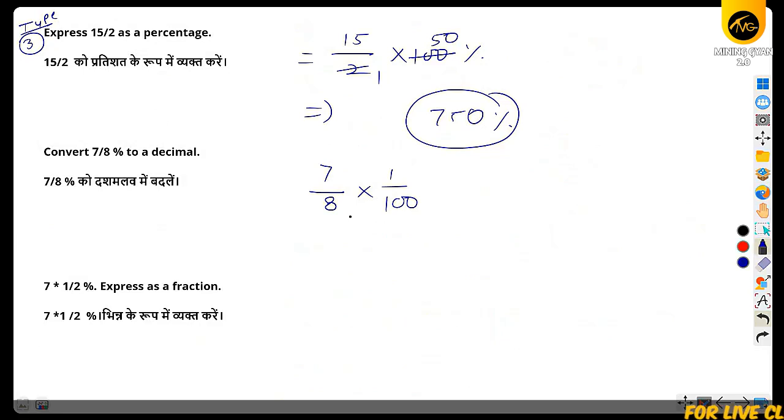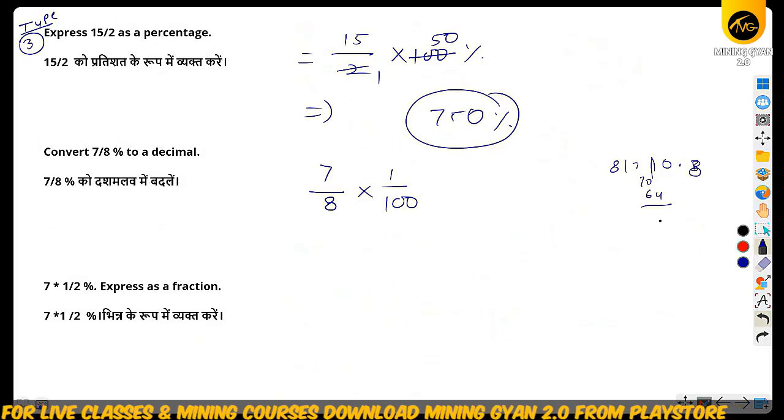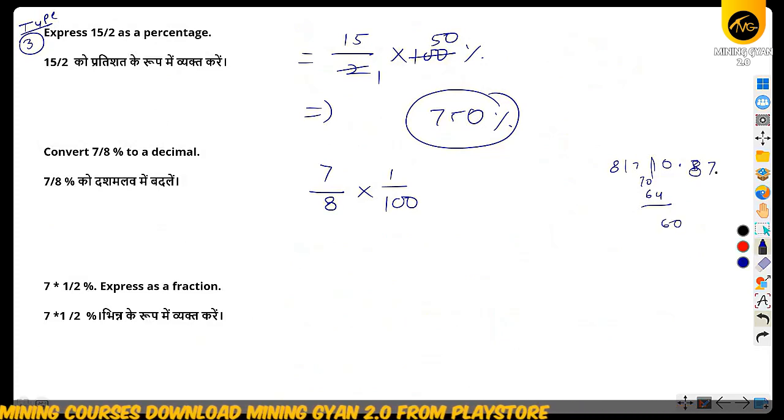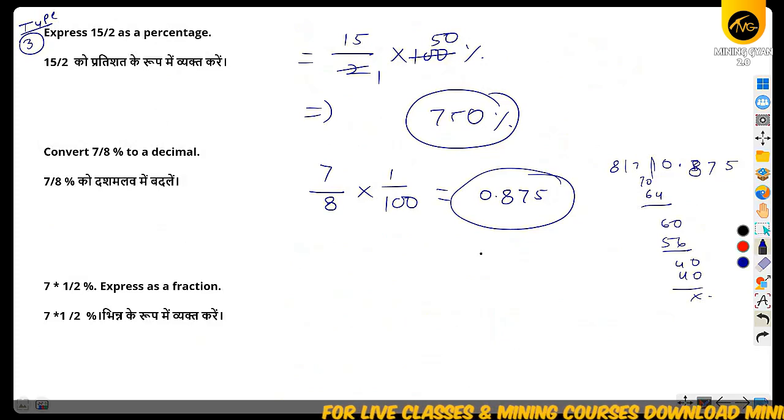Just solve the problem and you will get the decimal form. 8 and 7, so 100, that means 0.70, so 64, that means 3. 8 8s are 64 and 60, and 7 8s are 56 and 40. So 8 5s are 40. 0.875.